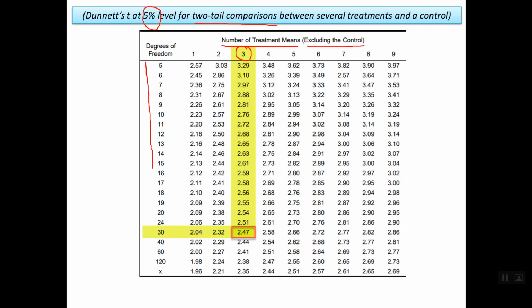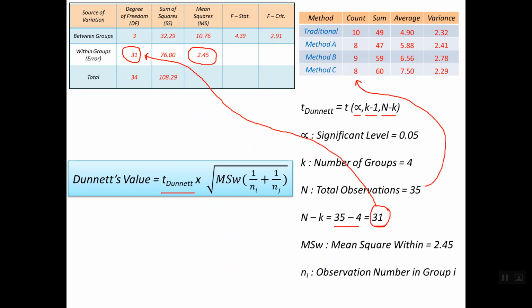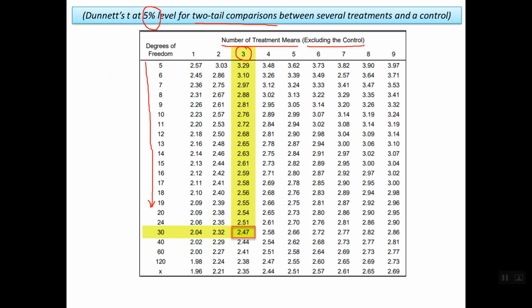Regarding the column here, it represents the degree of freedom for the error, which is capital N minus K. The degree of freedom for the error is 31. Here we don't have a 31, so we get the closer value. The closer value is 30. So the intersection between these two values is 2.47.